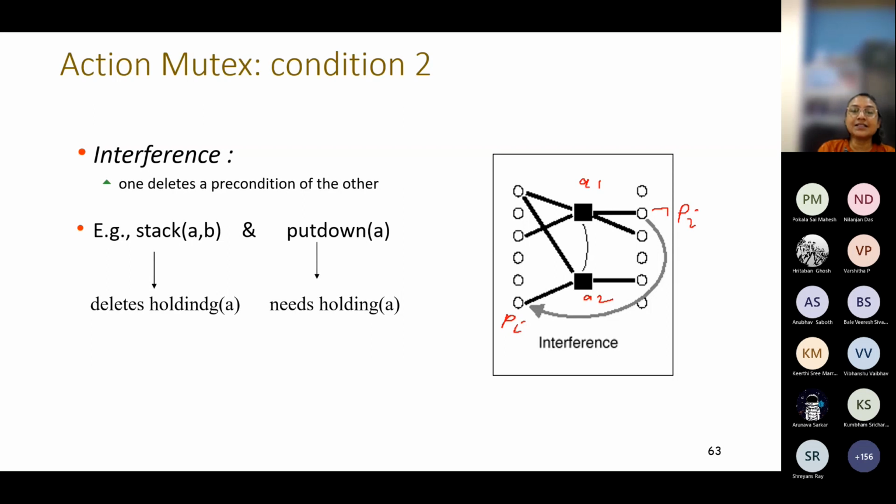So for example, stack AB deletes holding A and put down A needs holding A as a prerequisite. Then A1 and A2 become mutex. Is it clear? If the effect of A1 deletes a precondition that is required by A2, then A1 and A2 are mutex. Is it clear? Yes, ma'am. This is called interference.